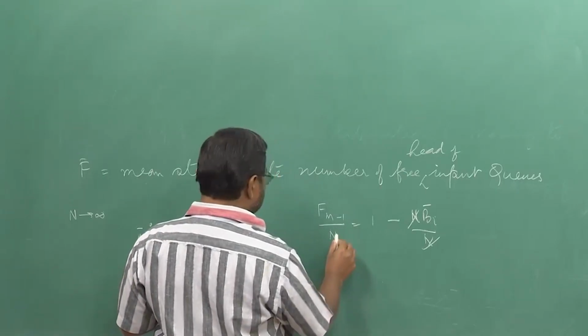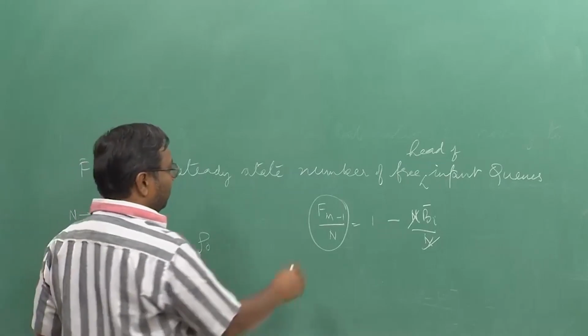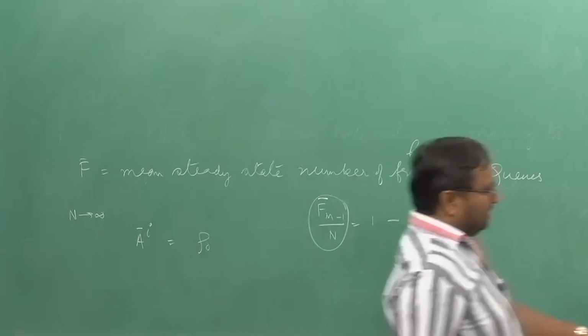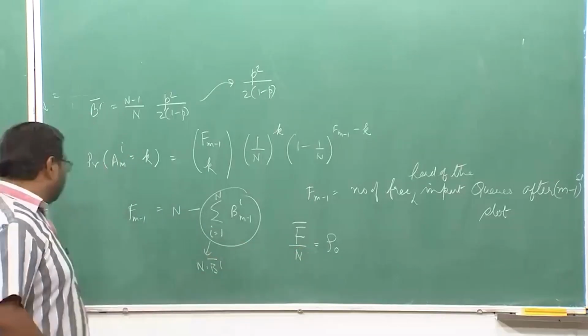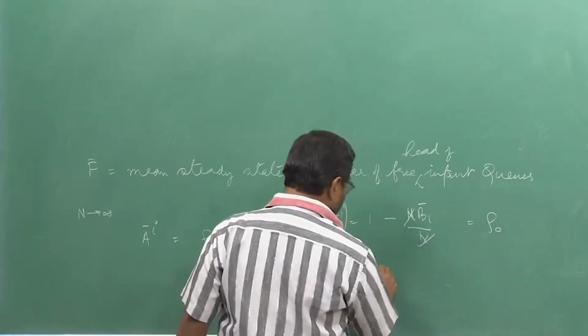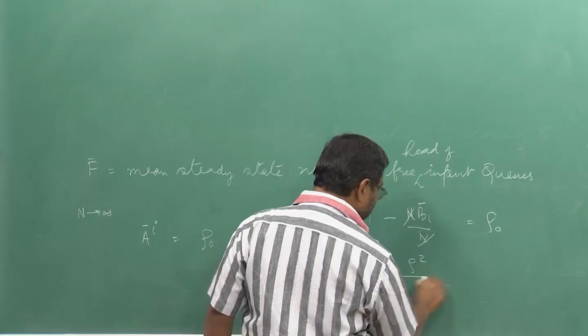And of course, on an average basis, when I am averaging f bar by n, this value turned out to be rho naught. F bar by n is rho naught, I have already estimated. So this will be rho naught and 1 minus, I am taking the q from here, it will be rho square by.